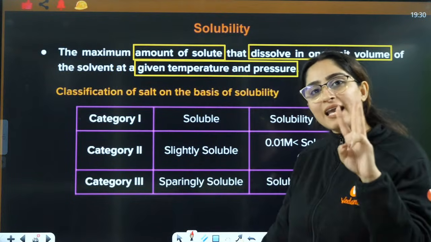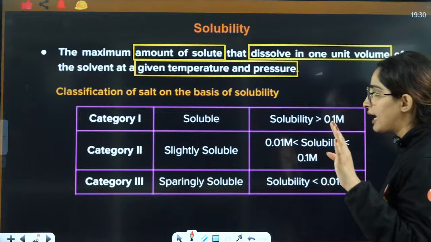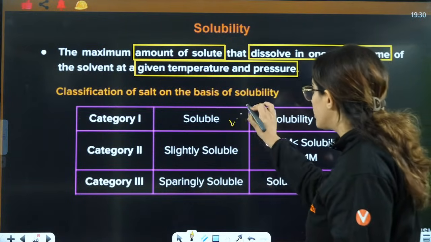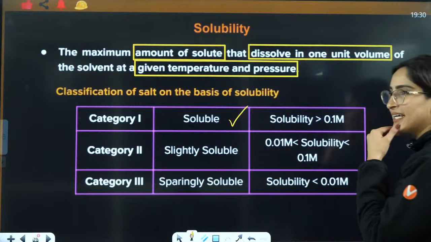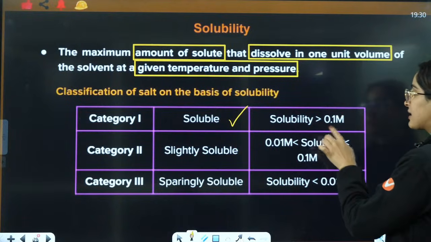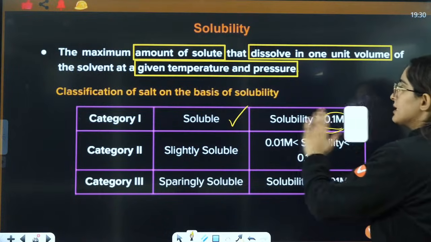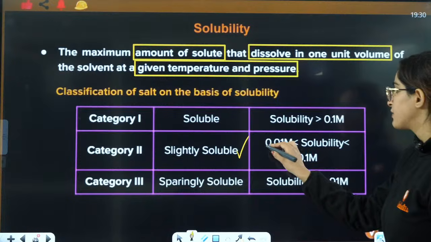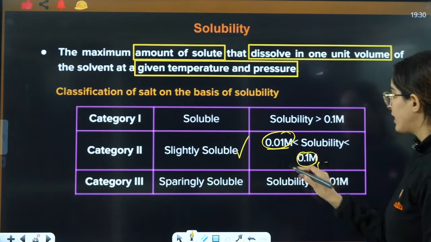So there are three categories of salts based on solubility. First is soluble, where solubility is greater than 0.1 molar. Then there is slightly soluble, where solubility is between 0.01 and 0.1.